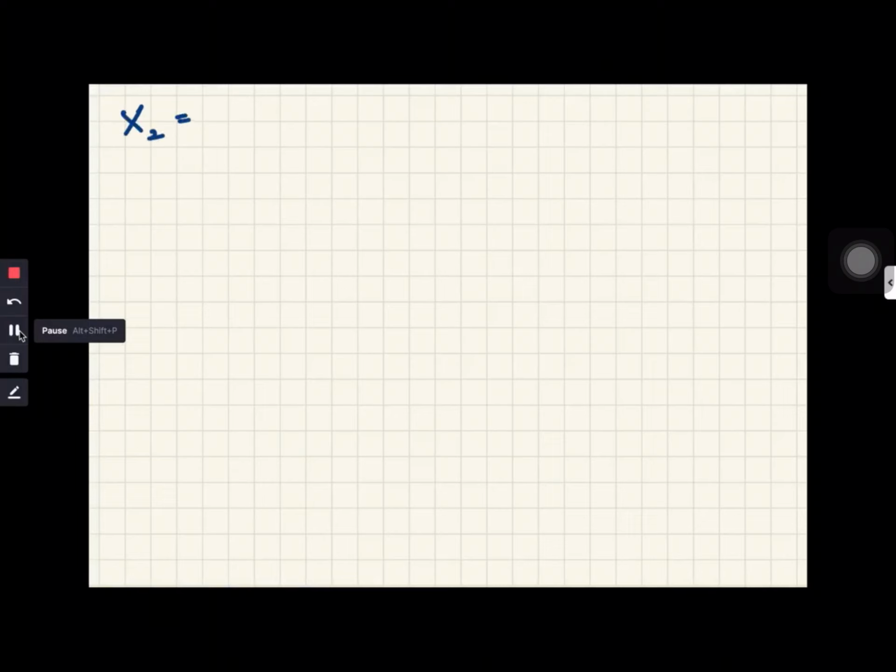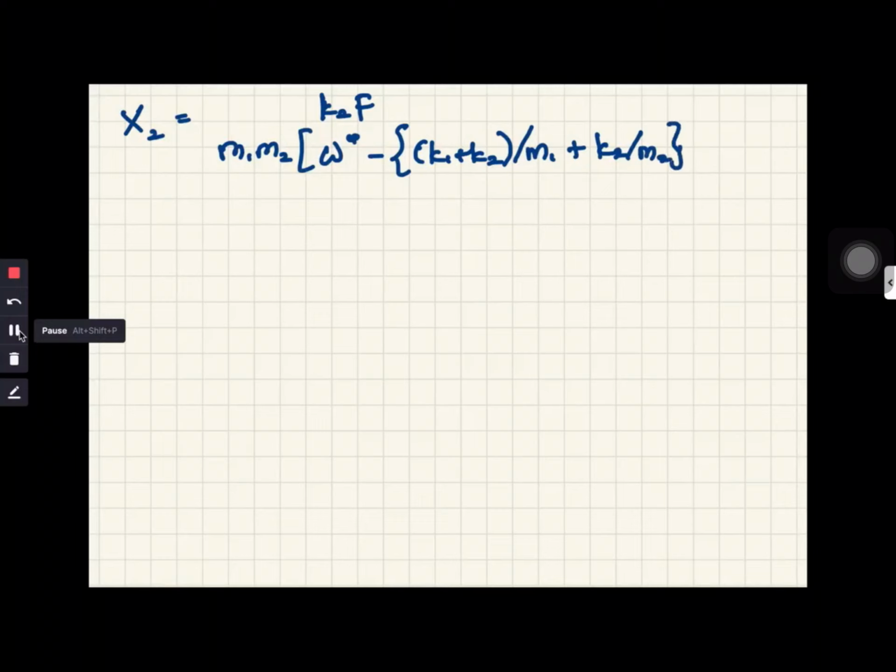capital X2, we'll have k2 times F divided by m1 m2 times omega to the power of 4 minus k1 plus k2 divided by m1 plus k2 divided by m2, multiplied by omega squared.